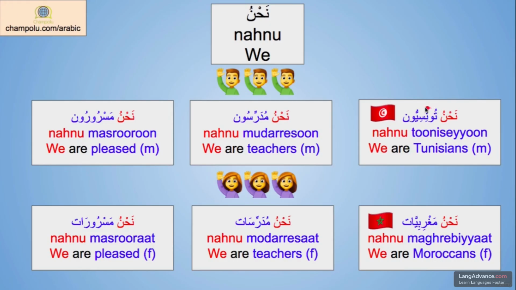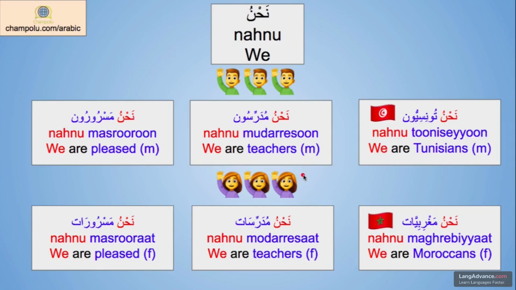Or نحن مدرسون. We are teachers. And notice that the word teachers here is plural. Or نحن مسرورون. And here this is the plural form for the adjective مسرور, which means pleased.